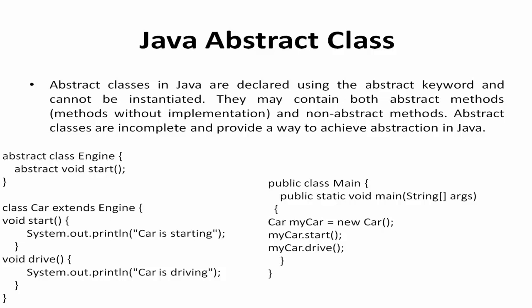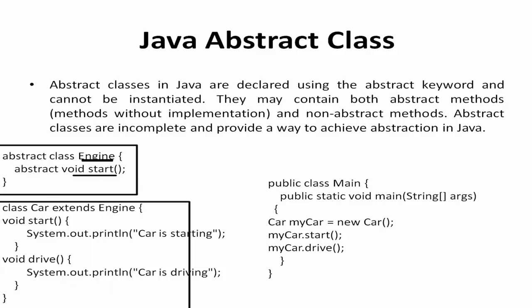For example, consider a class declared with the name Engine. It has only a start method, and that start method has to be implemented in the child class. This can be achieved by using inheritance.